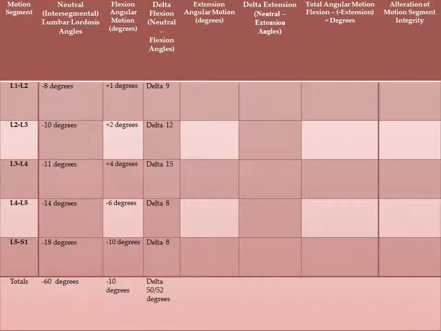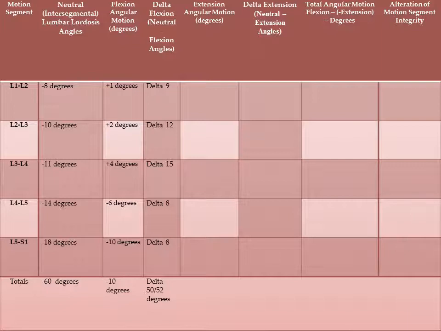So, referring back to our chart, you can see that when we started in the neutral lumbar lordosis at L1, L2, the intersegmental angle there was minus 8 degrees. When we went into full lumbar flexion, the intersegmental angle changed to positive 1 degree, indicating a flexion position of that intersegmental angle.